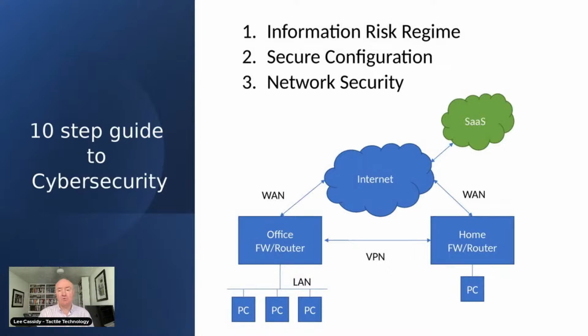The other thing we didn't talk about that's on the diagram is VPN. A lot of people know what this abbreviation means. It's a virtual private network. And what it allows us to do is connect either two PCs together, so a PC and another server, or a PC at another site, or a PC and the network, or multiple networks, so the home office network and the office network together.